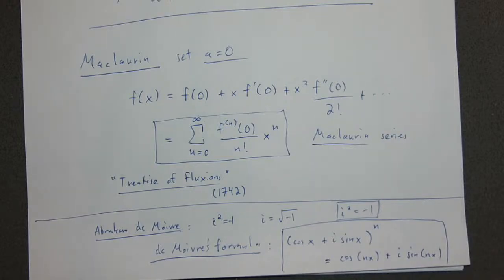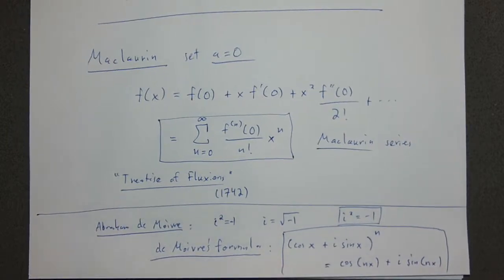De Moivre had letters of recommendation from both Newton and Leibniz. Imagine you're going to apply to grad school, and two of your recommenders are Newton and Leibniz. And then imagine not getting in anywhere. That's what happened to de Moivre. He never got a full-time job as a professional mathematician, despite high recommendations from both Newton and Leibniz.